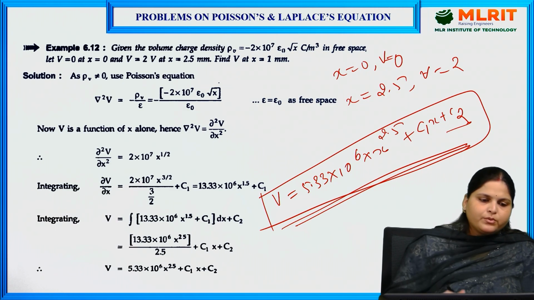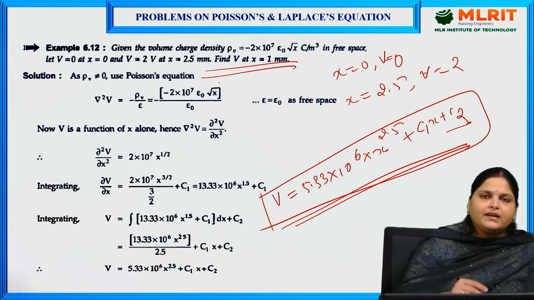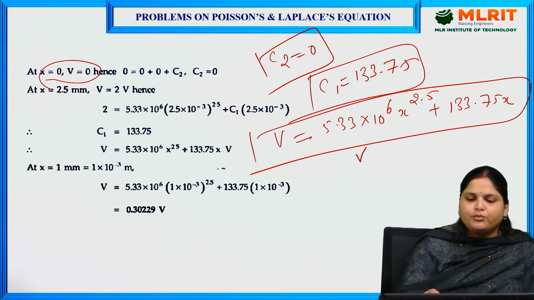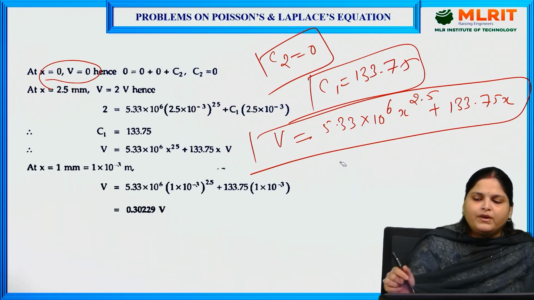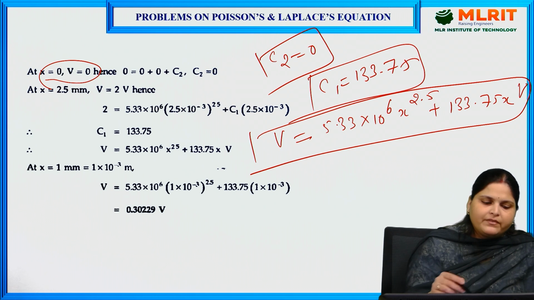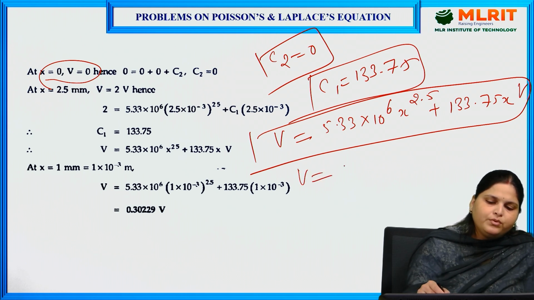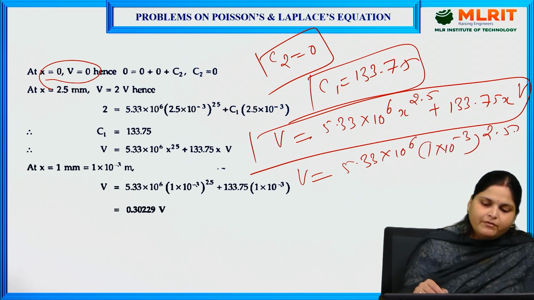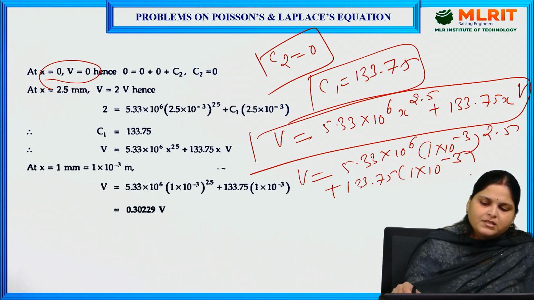Now as per this question, we have to find this voltage at x is equal to 1 mm. That means here we need to put x is equal to 1 mm. So this equation will become V is equal to 5.33 into 10 to the power 6, 1 into 10 to the power minus 3 to the power 2.5, plus 133.75 into 1 into 10 to the power minus 3.